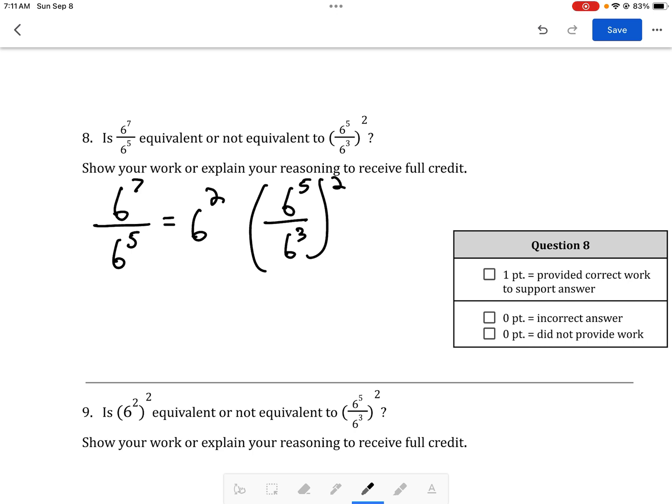I want to do what's inside the parentheses first. When I divide like bases, I subtract the exponents, so this becomes 6 squared to the second power. A power to a power, I multiply. 2 times 2 is 4. So this is 6 to the 4th. 6 squared and 6 to the 4th are not equal, so these are not equivalent.